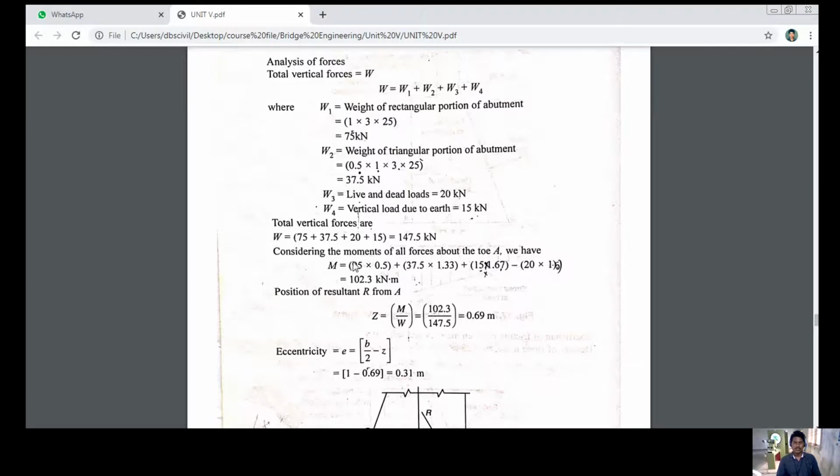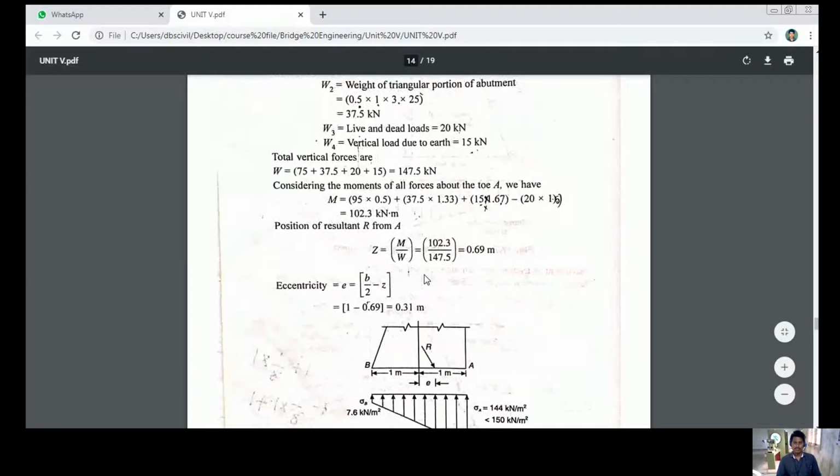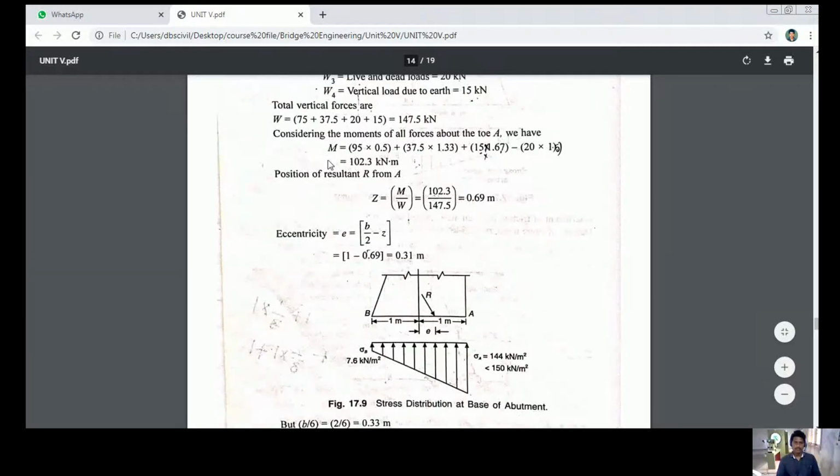This is because it's the W1 value, here it's the W2 value, here it comes for the W4 value, and it's the W3 value. Okay, and the moment would be 102.3 kilonewton meter.